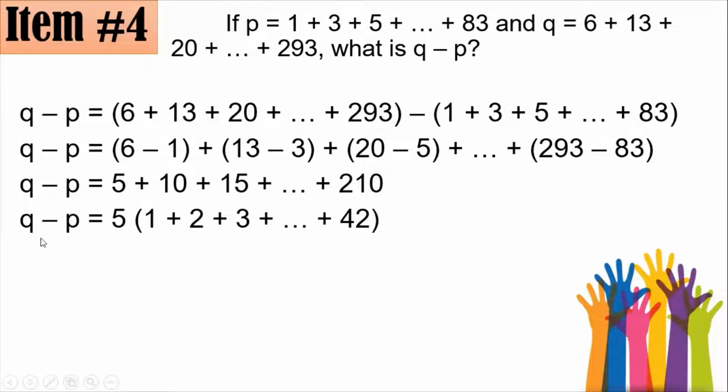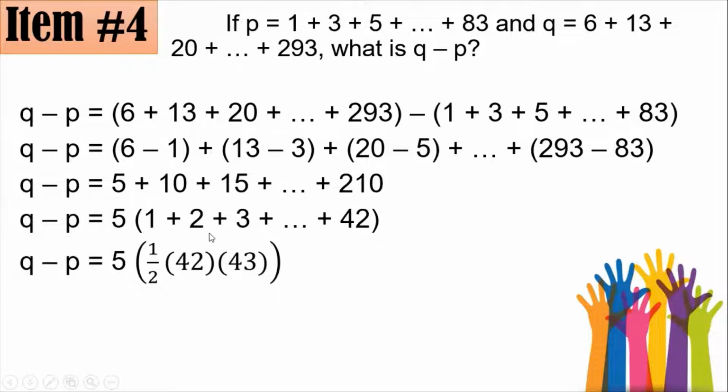Hence, we could say that Q minus P is equal to 5 times the sum of the first 42 natural numbers. And by employing the formula we have earlier, this expression inside the parentheses becomes 1/2 times 42, because that's our n, times n plus 1, or 43.